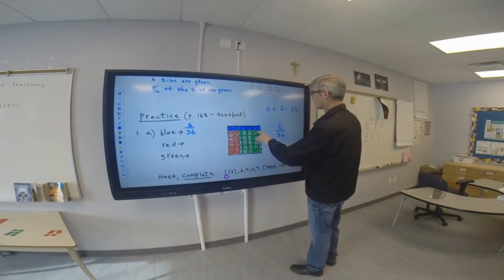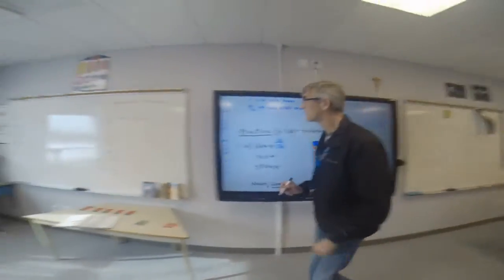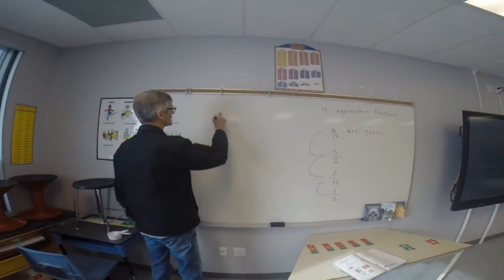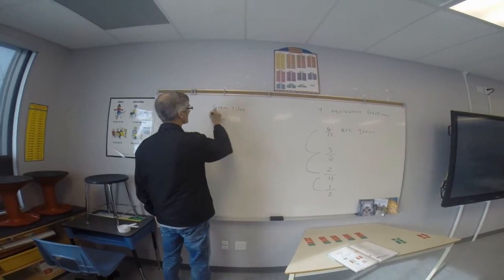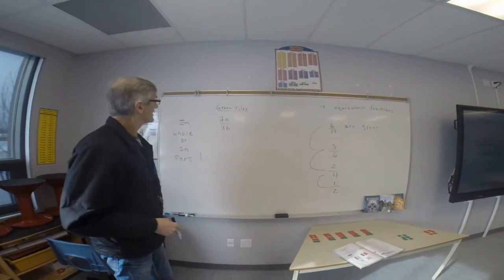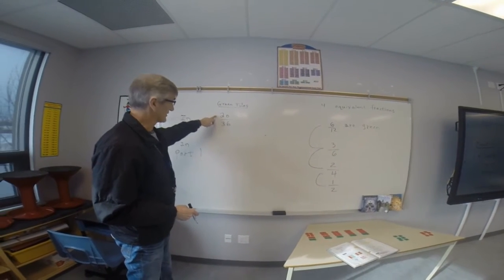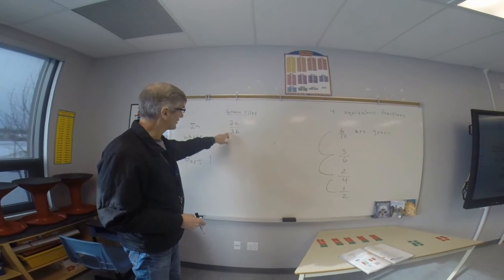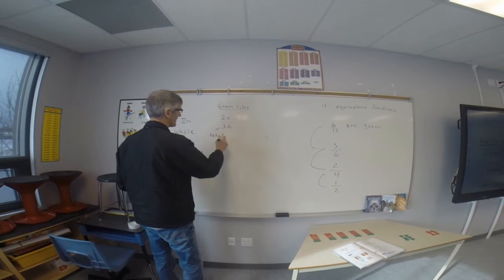So we got 5 rows of 4, which equal 20. Okay, so I'm coming over here again. So this is the green tiles. So our fraction is 20 over 36. We have 20 green ones. That's our numerator. 36 is the denominator. That's the total. Okay? Just to make that clear, that's the total number of tiles there.